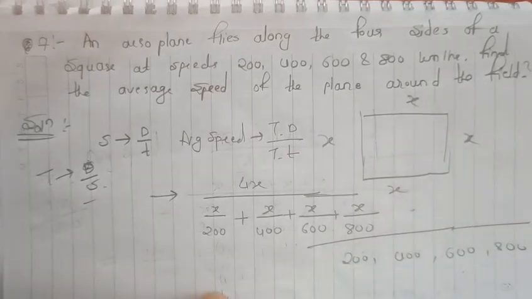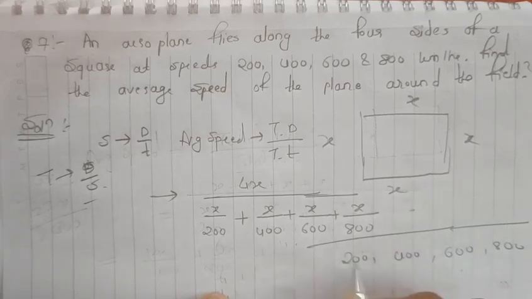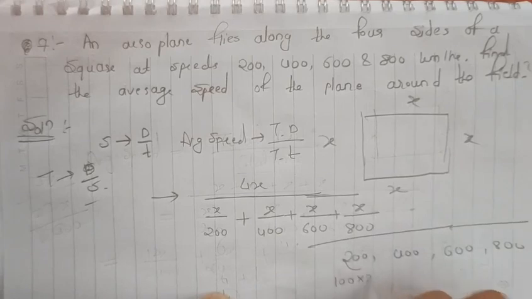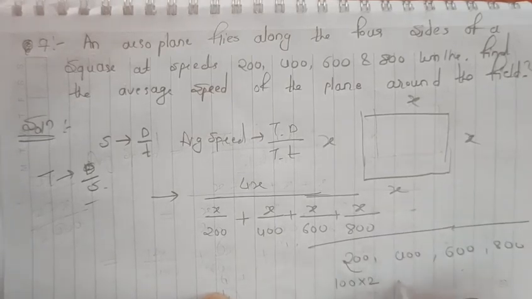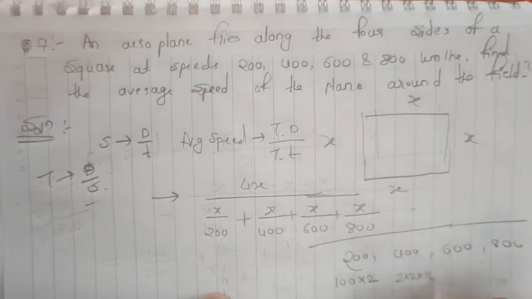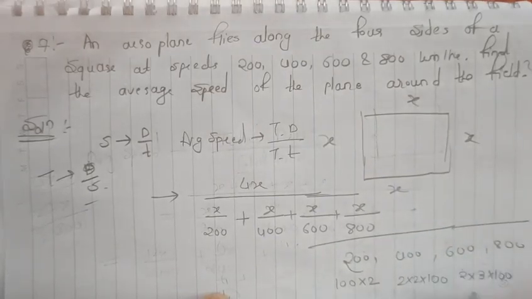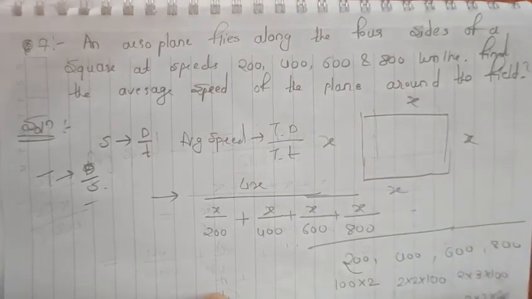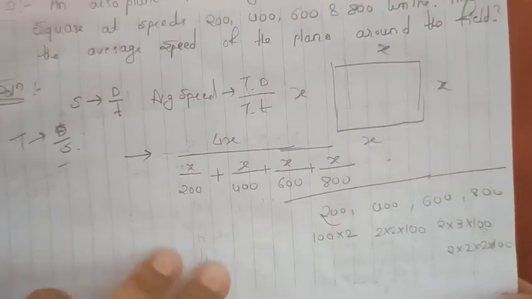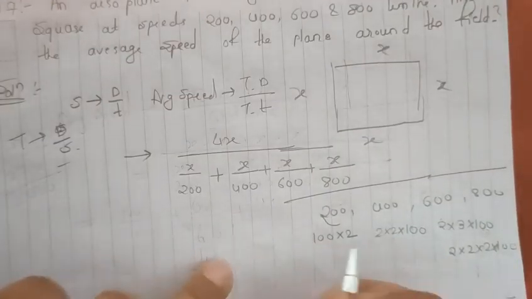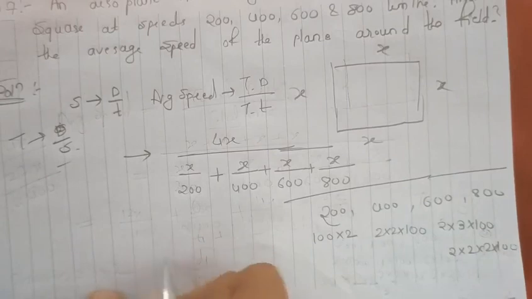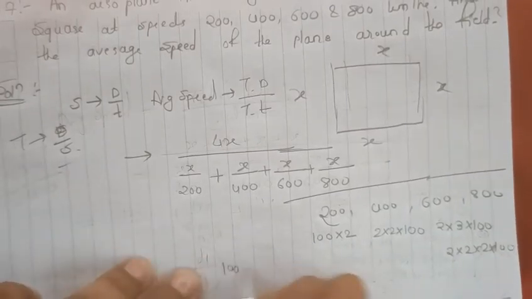First of all, it is clearly visible that 100 is common in all four terms, right? So from the first number we get 100 into 2, from the second 2 into 2 into 100, from the third 2 into 3 into 100, and from the fourth 2 into 2 into 2 into 100. Am I right? Now write the first number's terms, which are 100 into 2.